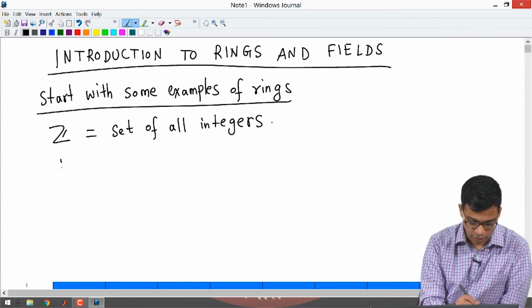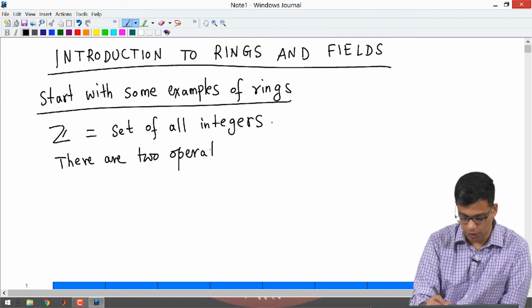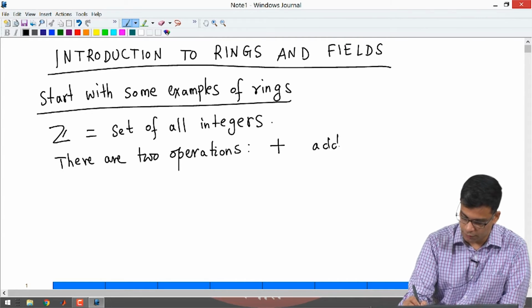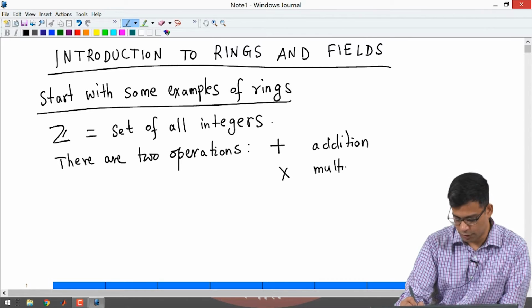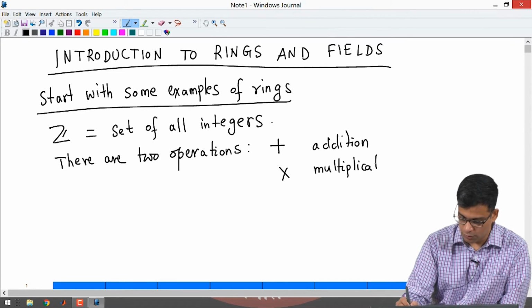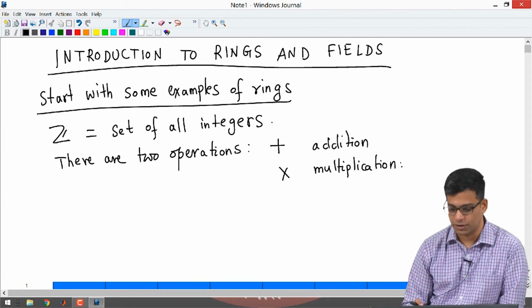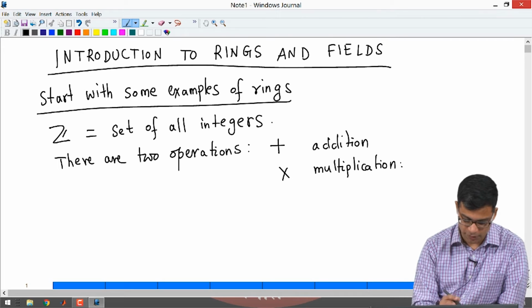Here there are two operations, the usual addition and multiplication. Plus is the addition of integers, and let us denote multiplication by star cross. Multiplication is the usual multiplication of integers.